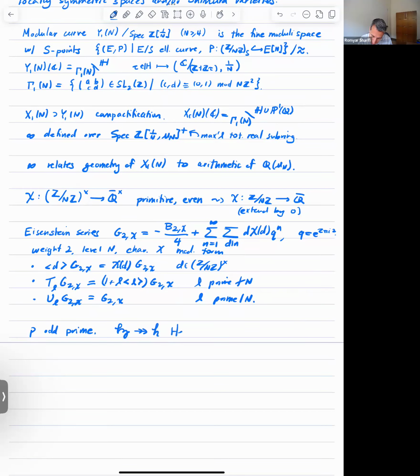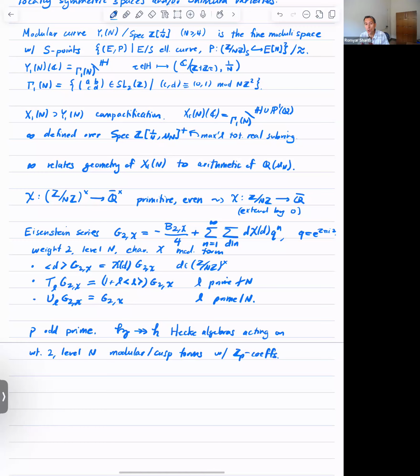They're Hecke algebras acting on weight 2 level n modular forms and cusp forms, respectively, with Z_p coefficients. Okay, so what's a modular form with Z_p coefficients?